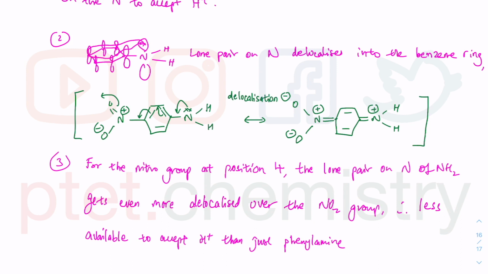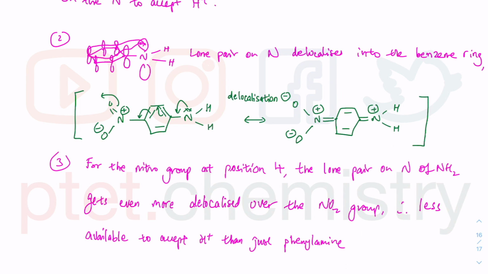Whereas previously, you could just delocalize the lone pair into the benzene ring, here you have the nitro group at position 4, very conveniently set up, where all of these are trigonal planar. This is not exactly trigonal planar, it's trigonal pyramidal, but to some extent, the lone pair can get delocalized over the benzene ring as well as the nitro group. That's why I said this is an extra point, and this is probably what will catch out a lot of students who are just prepared for the most common essay.